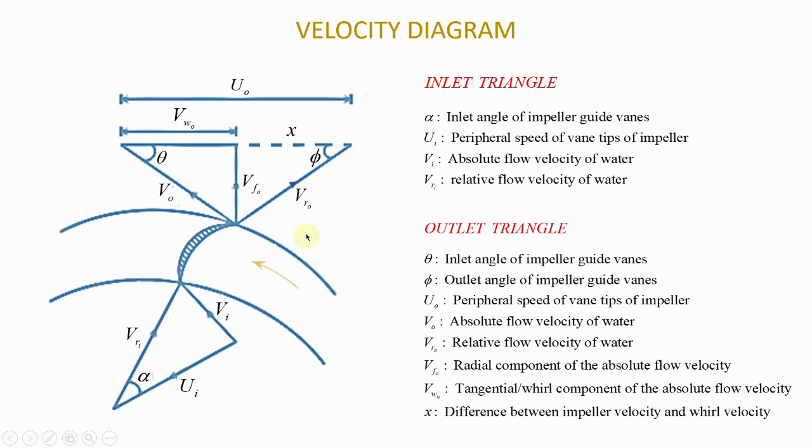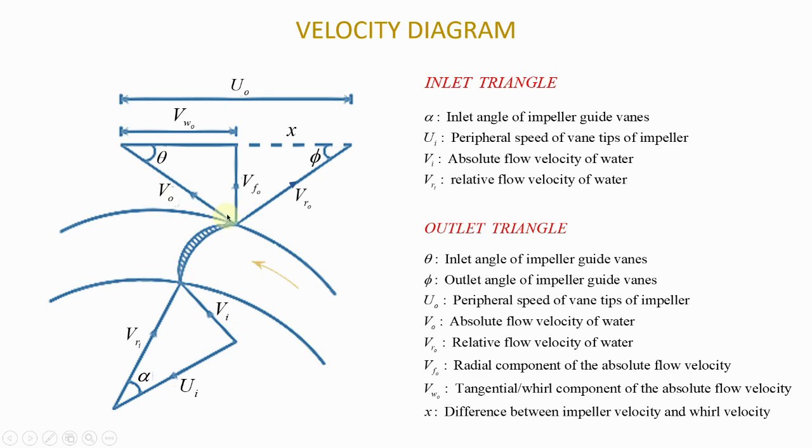One that is quite important is VFO. This is the radial component of the absolute flow velocity. VWO is also quite important. They ask that a lot in the questions, and this is the tangential or wheel component of the absolute flow velocity. The absolute flow velocity is VO.